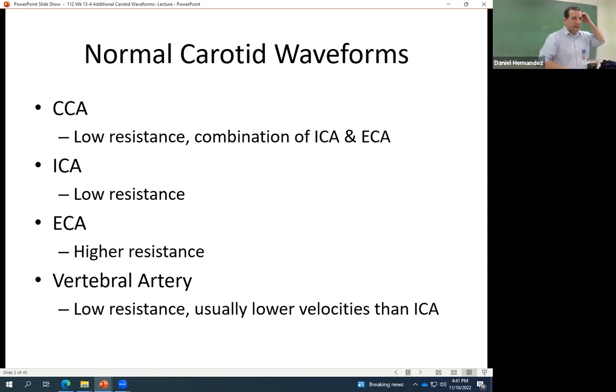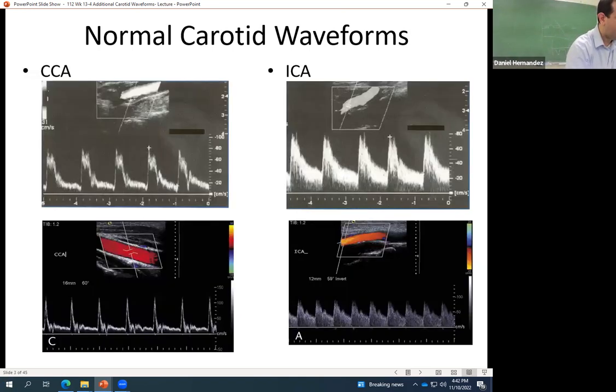Our vertebral arteries are considered low resistance. They should look similar to the patient's ICA, just with lower velocities. So these are our baby ICAs. Here are our normal carotid waveforms. CCA has a fast upstroke, a fairly fast downstroke, but still a good amount of diastolic flow.